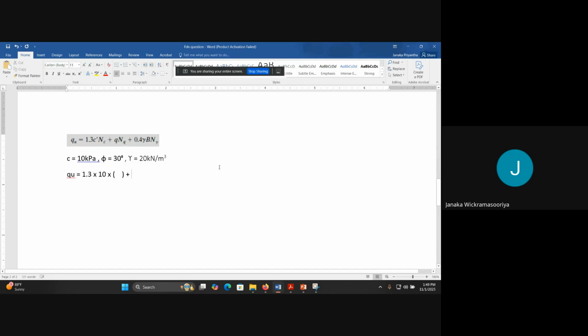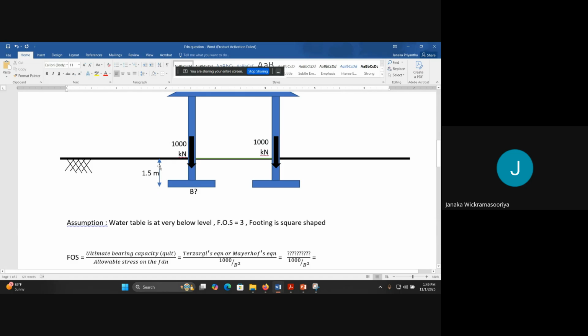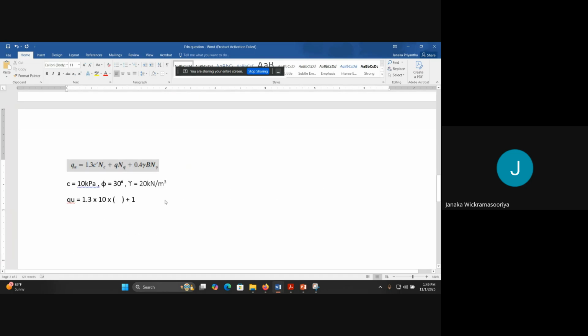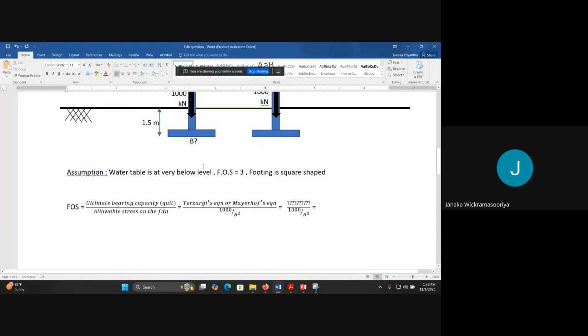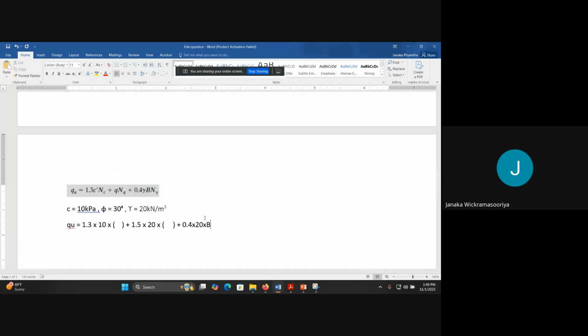Then Q means the effective stress at the bottom of the foundation, that is 1.5 times 20, multiplied by NQ, plus 0.4 times 20 times B. B is the width of the foundation, that is what we want to find, times N gamma.